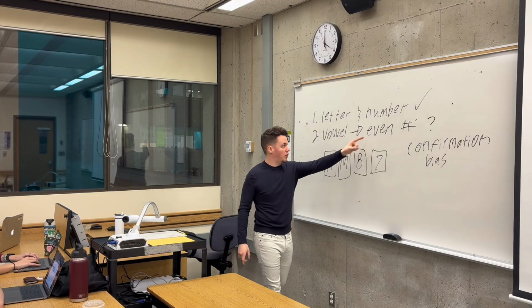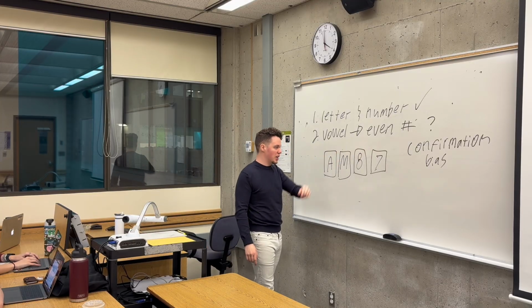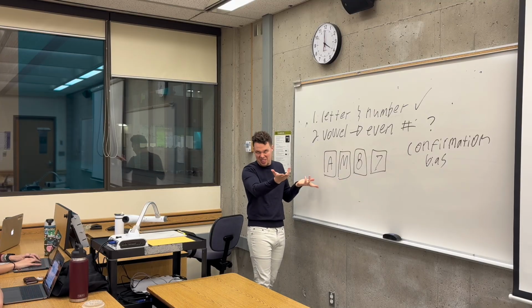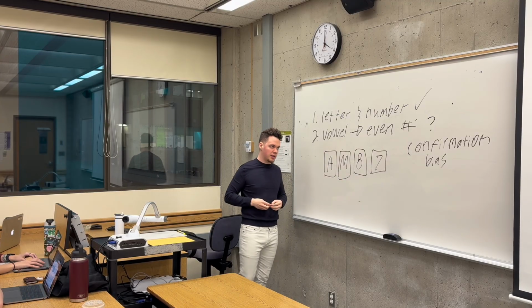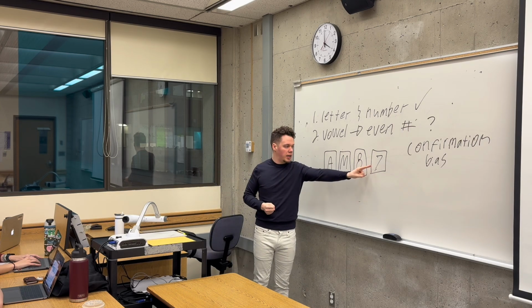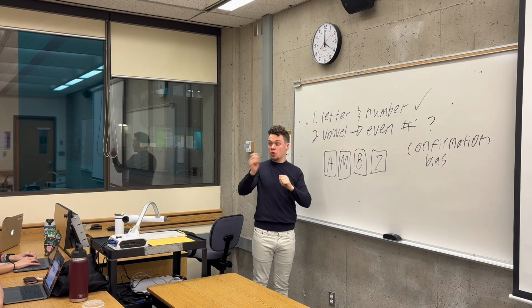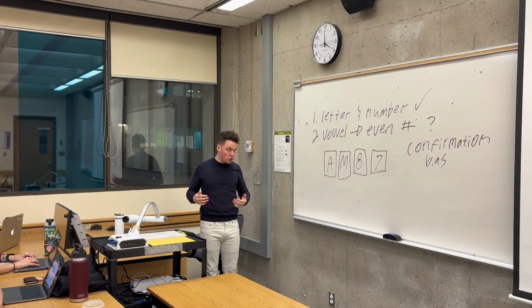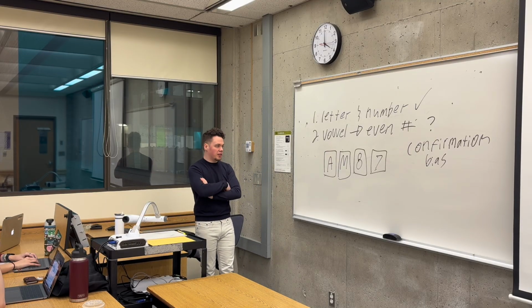So the hypothesis here is if there's a vowel, then there's an even number, and you look to these two to try to prove the statement right. You don't instinctively look here, because if you look here, what you're trying to do is find an exception to the rule. And people don't, without training, instinctively do that.